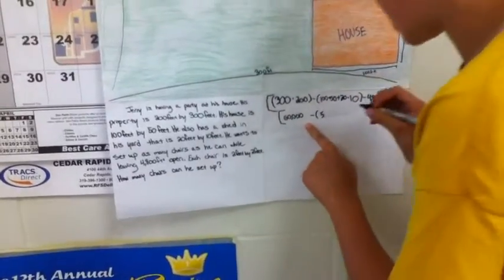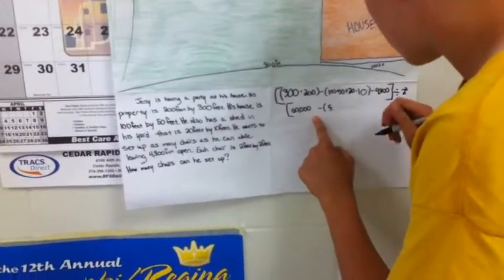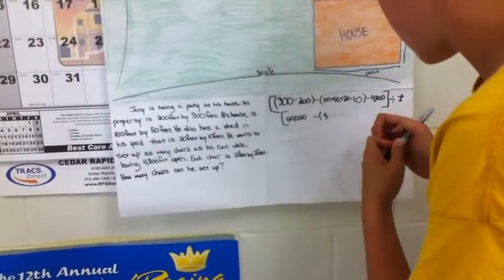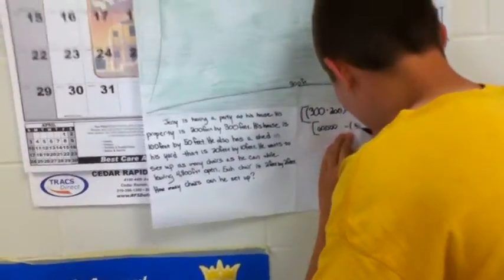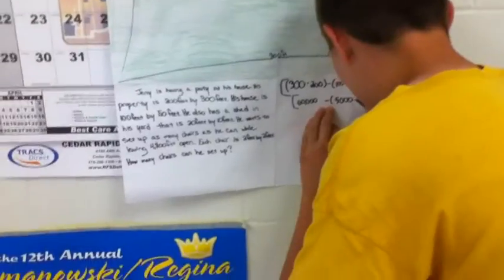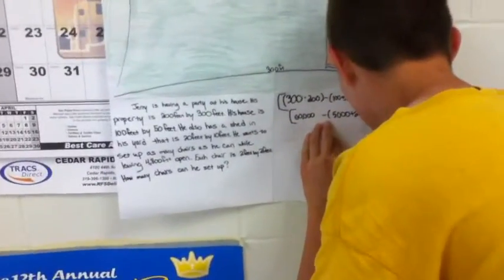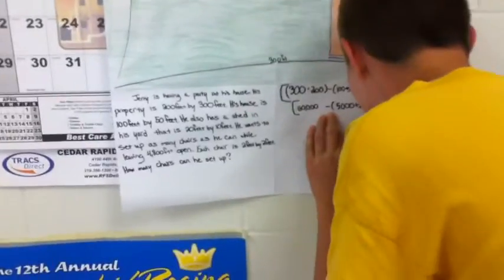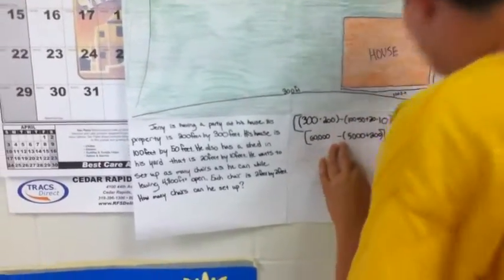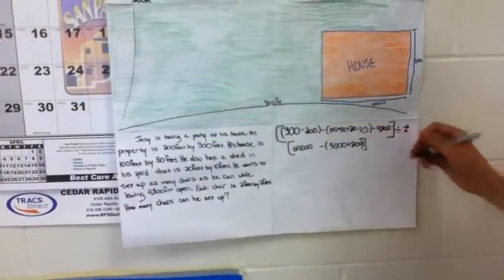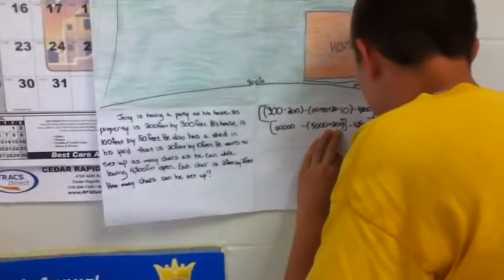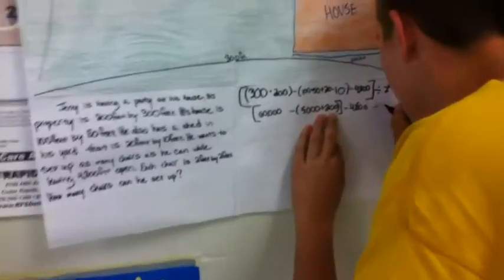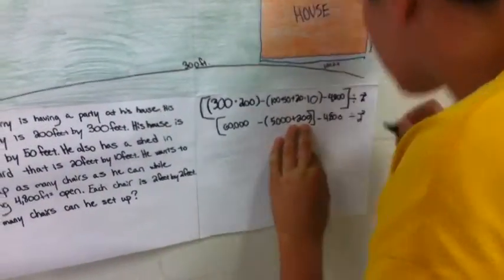And 20 times 10 is 200. And then you would subtract 4,800 feet, divided by 2 squared.